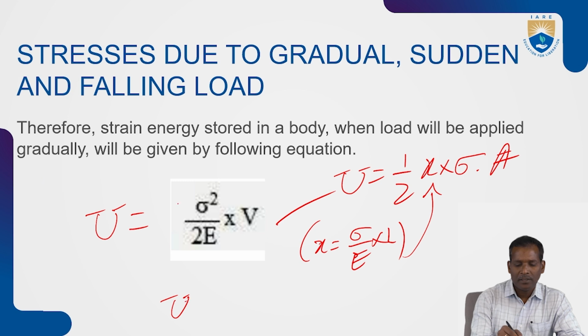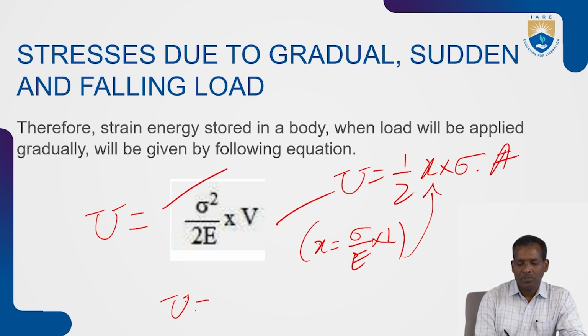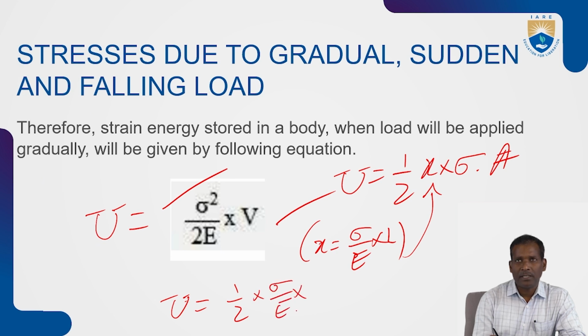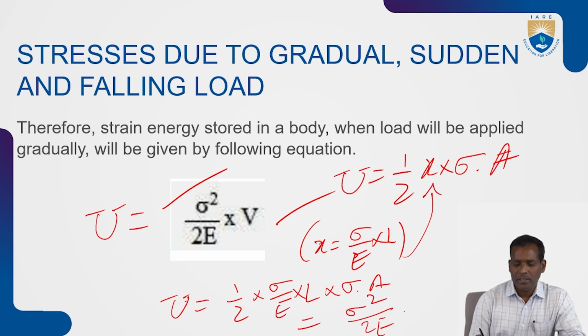U is equal to half multiplied with sigma by E into L multiplied with sigma into A, so this is sigma square by 2E into L into A. What is this L into A?